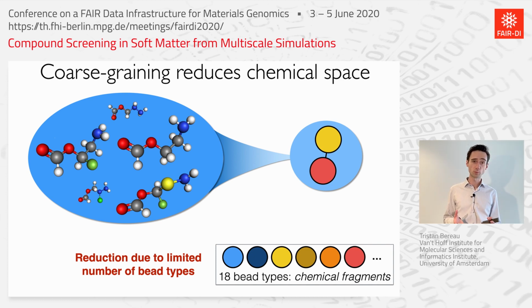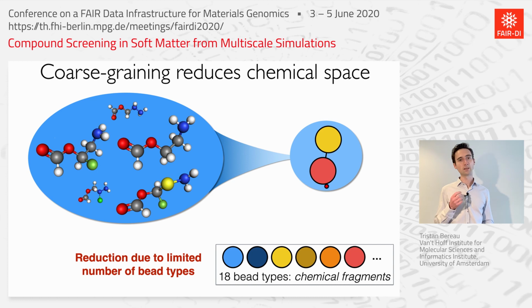It's a so-called transferable coarse-grain model in the sense that it has only a finite number of bead types. And what it means is that it's not that we have 5 or 6 molecules mapping to one coarse-grain representation. It's more like 1,000 to 10,000 compared to 1. And so it's an enormous scale down in the number of compounds versus coarse-grain representations.